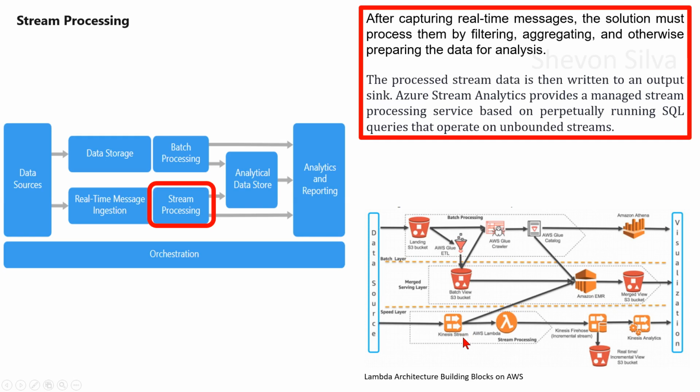With Kinesis client library, you can build your own applications that can pre-process the stream data as they arrive and emit the data for generating incremental views and downstream analysis.